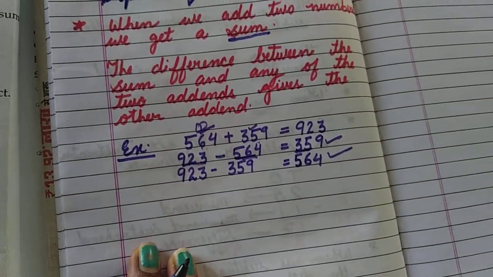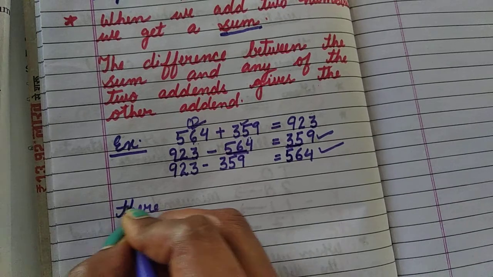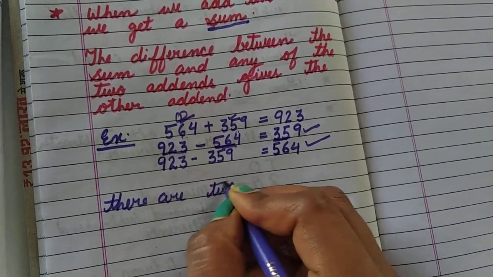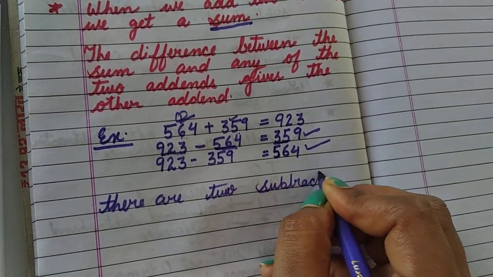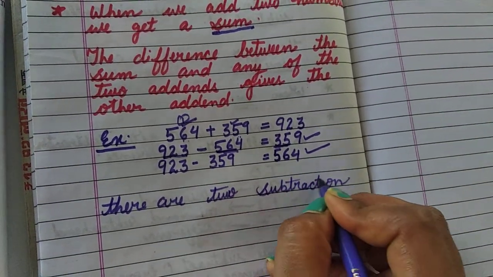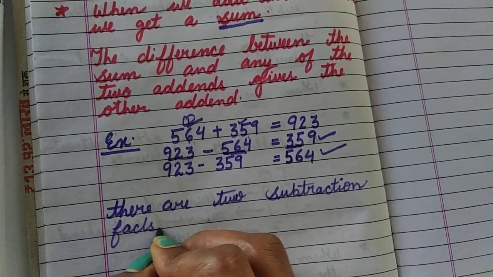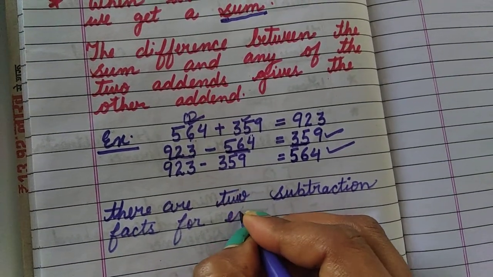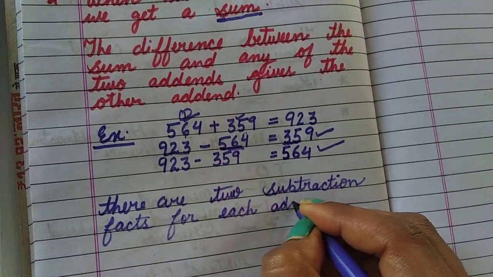So we can say that there are two subtraction facts for each addition fact.